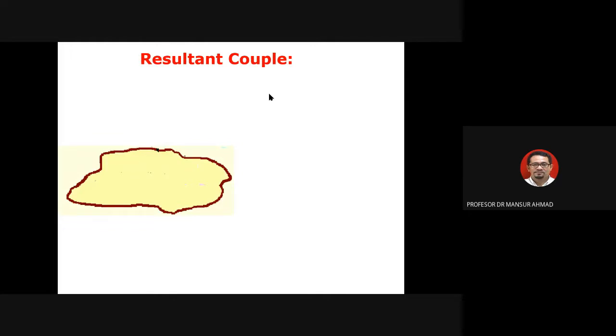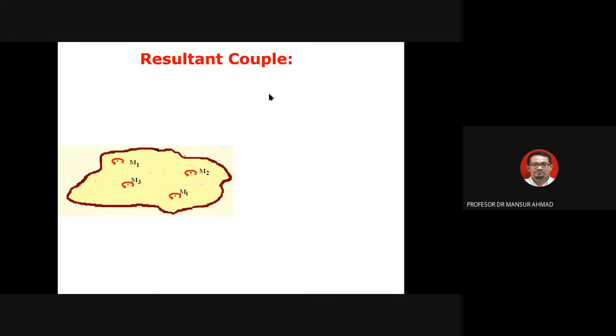Okay, this is a resultant couple. Remember when you talk about force, you have resultant force. When you talk about moment, you also can calculate the resultant moment couple. So this is the formula for the resultant moment couple. Let's say you have moment 1, moment 2, moment 3, and moment I, meaning that you have many other moments.